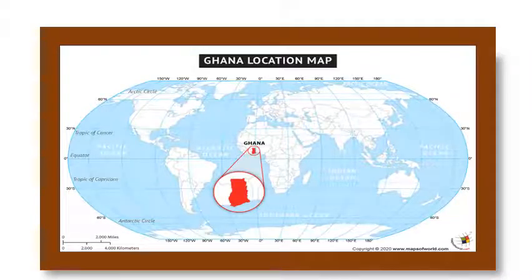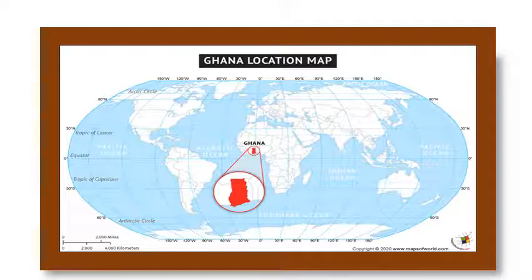Dear students, Ghana, officially the Republic of Ghana, is a West African country. It is a country along the Gulf of Guinea and the Atlantic Ocean in the sub-region of West Africa.